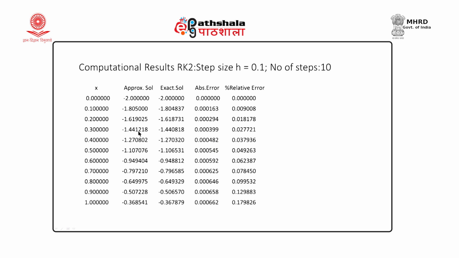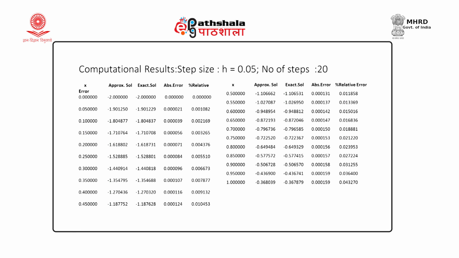So this error goes on accumulating. As we go ahead, the error increases because of not only truncation error but also inherent error: y4 uses y3, y3 contains the error because y2 contains the error, and so on. So the error goes on propagating.